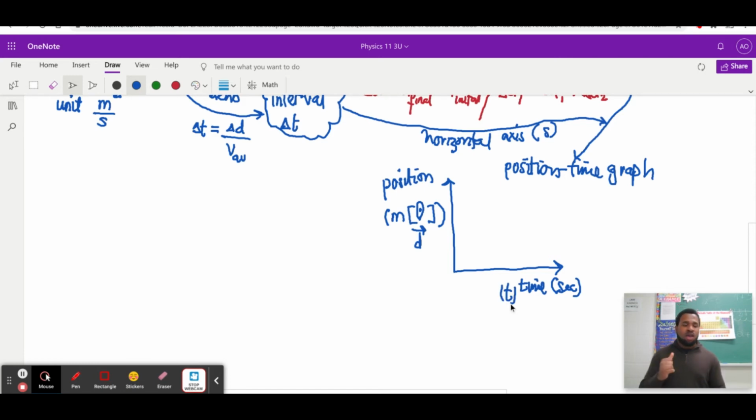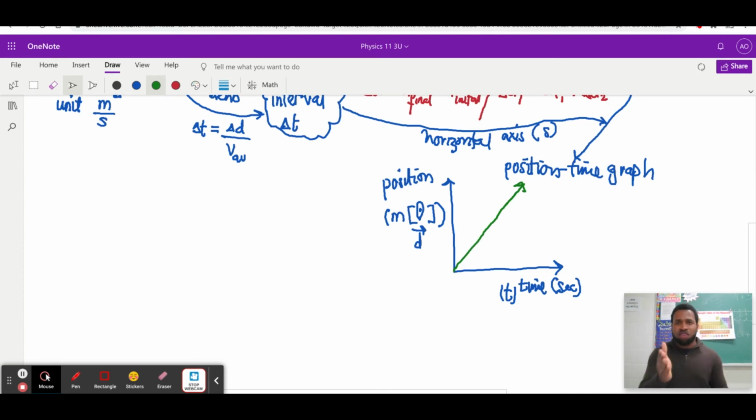So since we have these, take note that our graphs come in various ways, but overall we need to be able to determine, take note, the slope of this particular straight line. Now we're going to focus on a straight line.